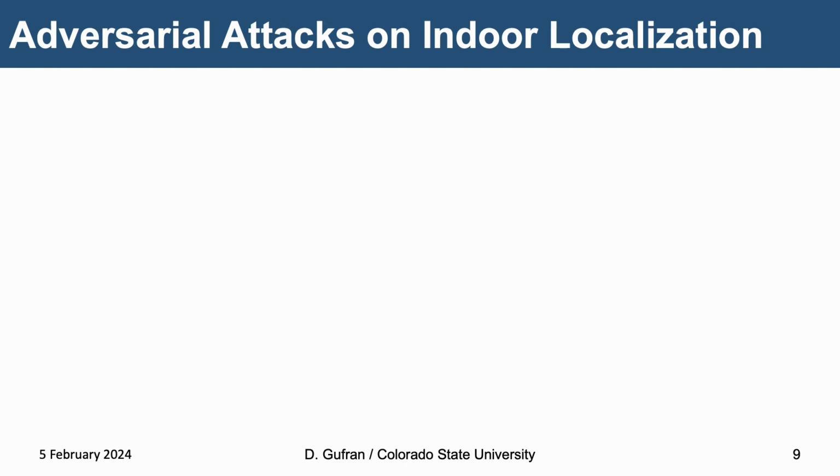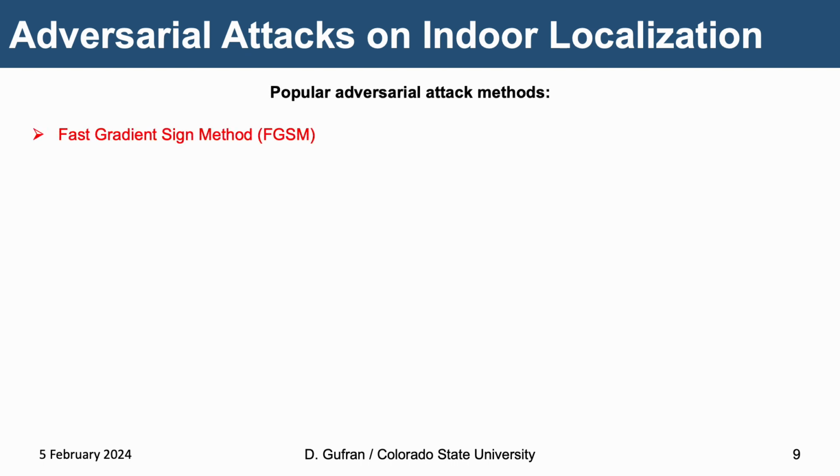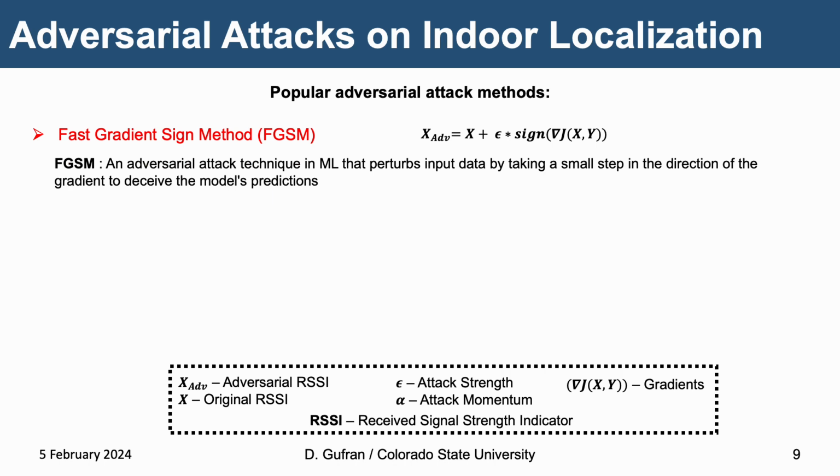To replicate the effects of adversarial attacks introduced by man-in-the-middle, we employ well-known adversarial attack methods, including the fast gradient signed method, or FGSM. FGSM introduces perturbations to input RSSI by adding noise in the direction of the gradients, aiming to mislead the machine learning model.